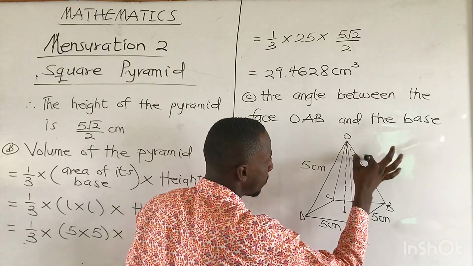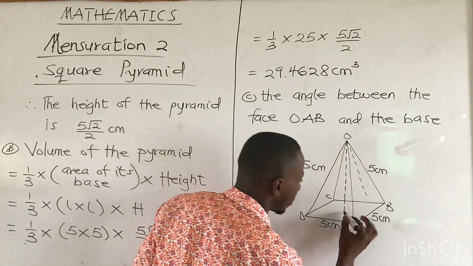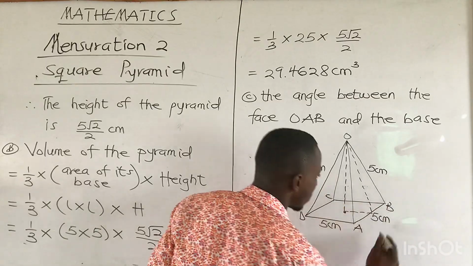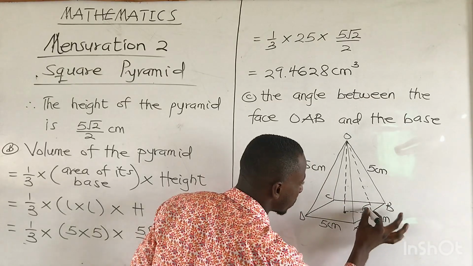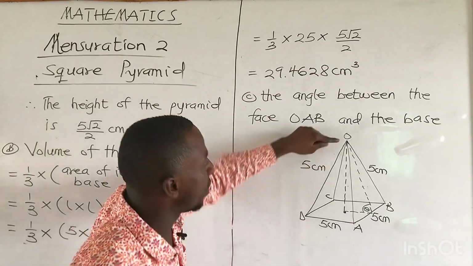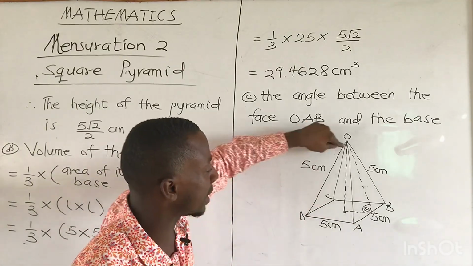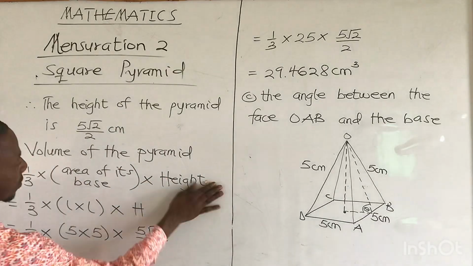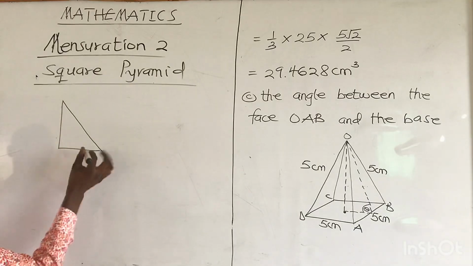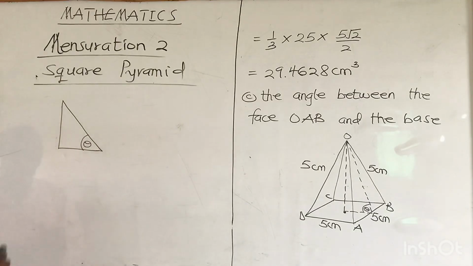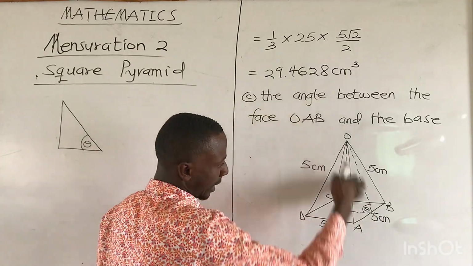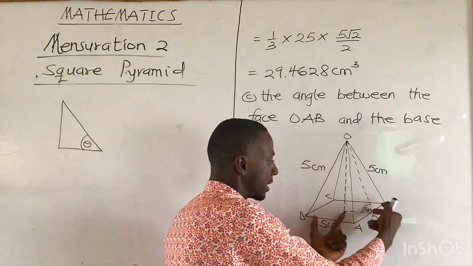So the angle formed here, this is where the angle is formed, from the short dashes. So this is how the short dashes look like. So this is the angle we are looking for, because the base looks like this, and then the face also looks like this. So we are going to take it from this and this.